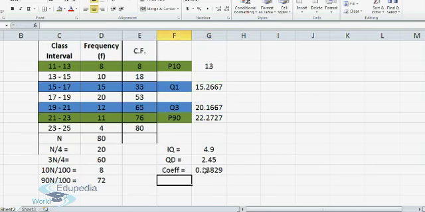Okay, so that's the coefficient. Similarly for percentile, let me do them here. This is for quartile and this is for percentile.